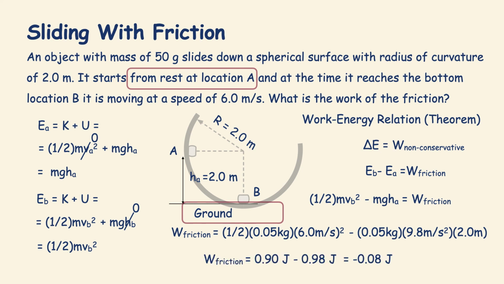That gives me, for the work of friction, 0.90 joules minus 0.98 joules. So I can see that my mechanical energy at the bottom is less than the mechanical energy at location A, and the difference is minus 0.08 joules. In other words, friction has removed 0.08 joules from our mechanical system.